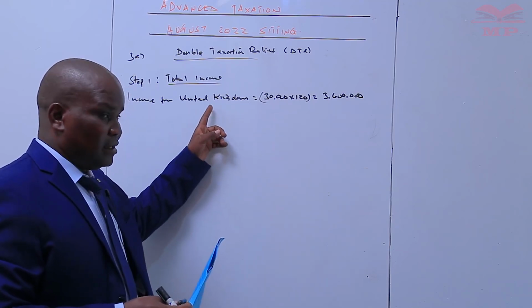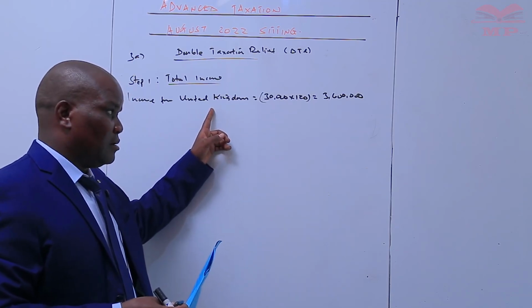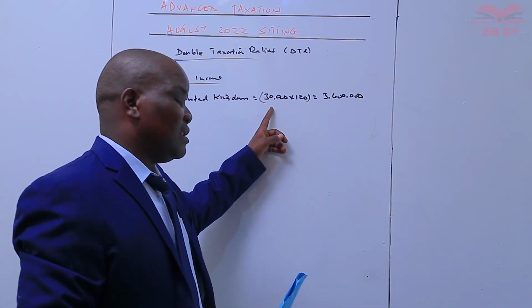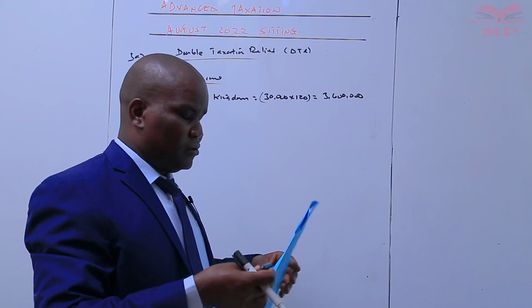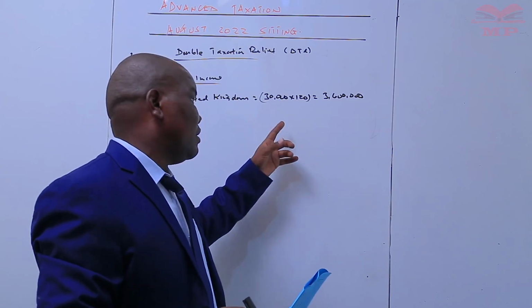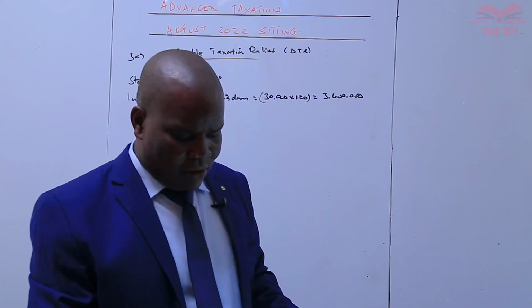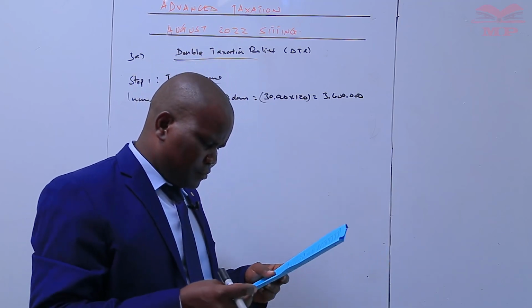That would make this computation right. Alternatively, we could also assume that this £30,000 is net of pay of 4,200. In that case, we would add 4,200 to 30,000. So in such a case, be keen and make the right assumption.